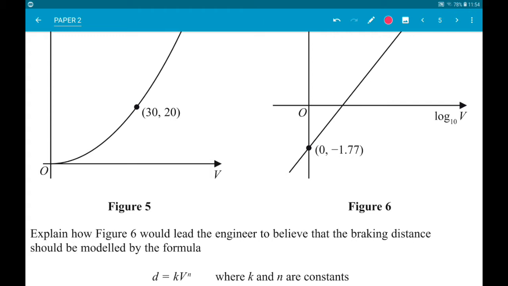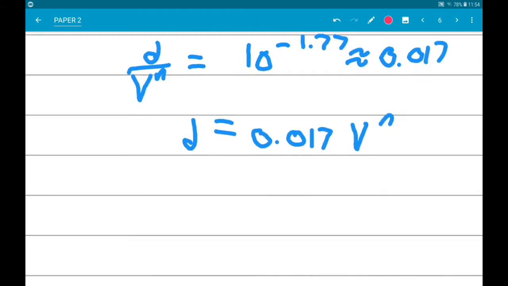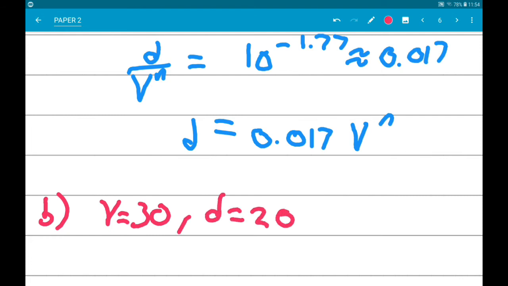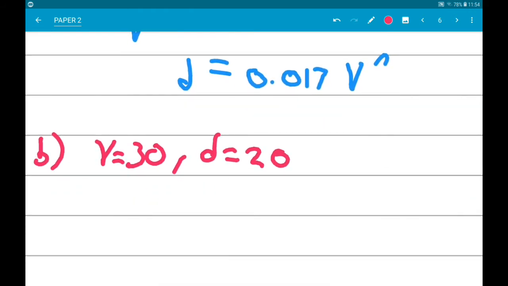So we're going to get 20 is 0.017 times 30 to the power n.